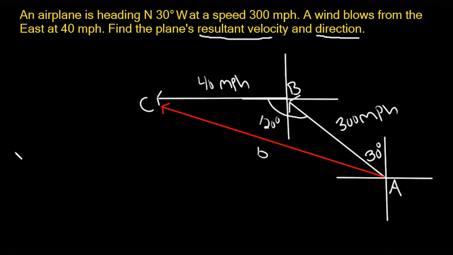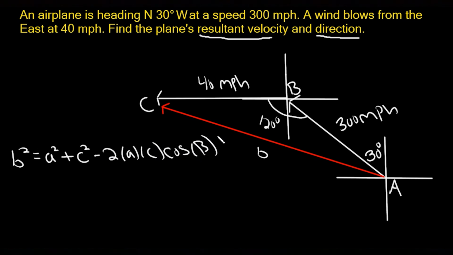So the law of cosines is going to look the following way. Since I'm trying to solve for side B, I'm going to have B squared equal to A squared plus C squared, then minus 2 times A times C, and then cosine of angle B. From here, I just have to plug it in and solve, okay?